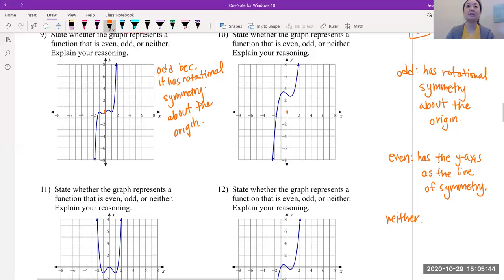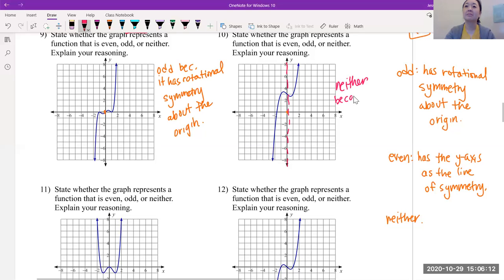Well, what about even? Remember, we draw that line of symmetry right here on the y-axis. Is the left and the right-hand side the same? On the left it should look like this over here, but it definitely doesn't. So it is not even. So what is it? It is neither.